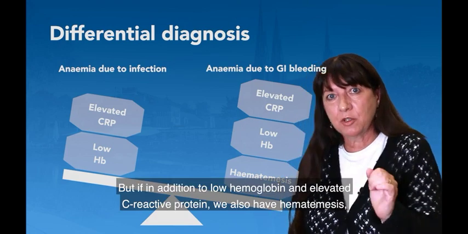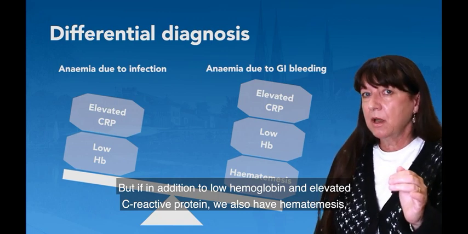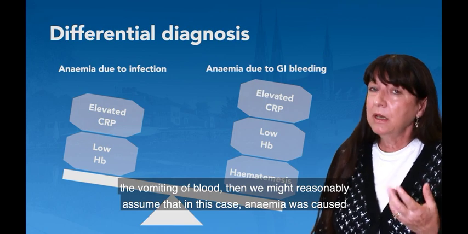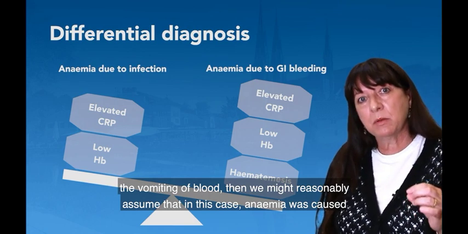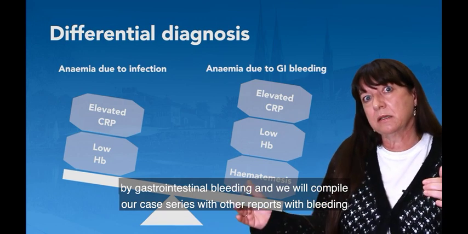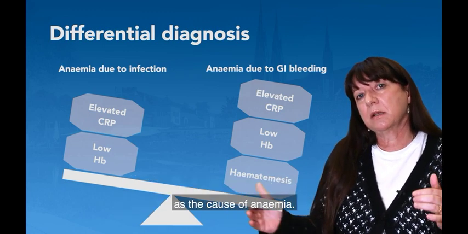But if in addition to low hemoglobin and elevated C-reactive protein, we also have hematemesis, the vomiting of blood, then we might reasonably assume that in this case, anemia was caused by gastrointestinal bleeding, and we will compile our case series with other reports with bleeding as the cause of anemia.